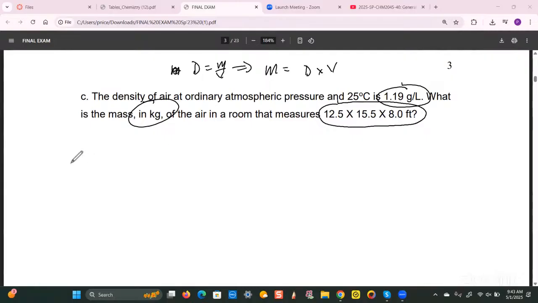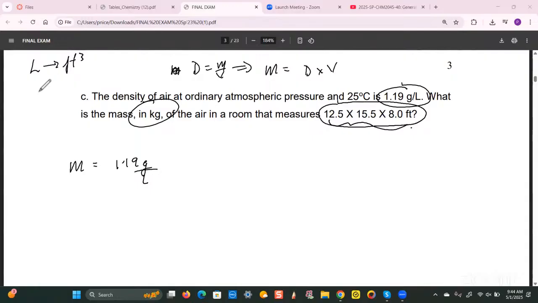So to find the mass, what I would do first, and it doesn't matter which one you start off with first, so I'm going to start off with density. The density is 1.119 grams per liter, right? What I would do is convert that to feet cube, because the volume ultimately would have to be expressed in feet cube, right? So we need to go back to the table to see how we go from liters to feet cube.